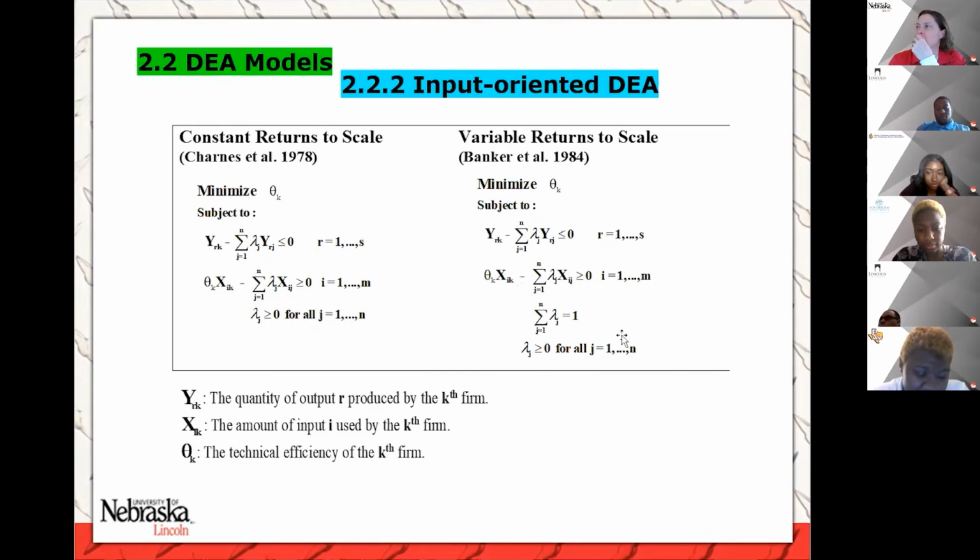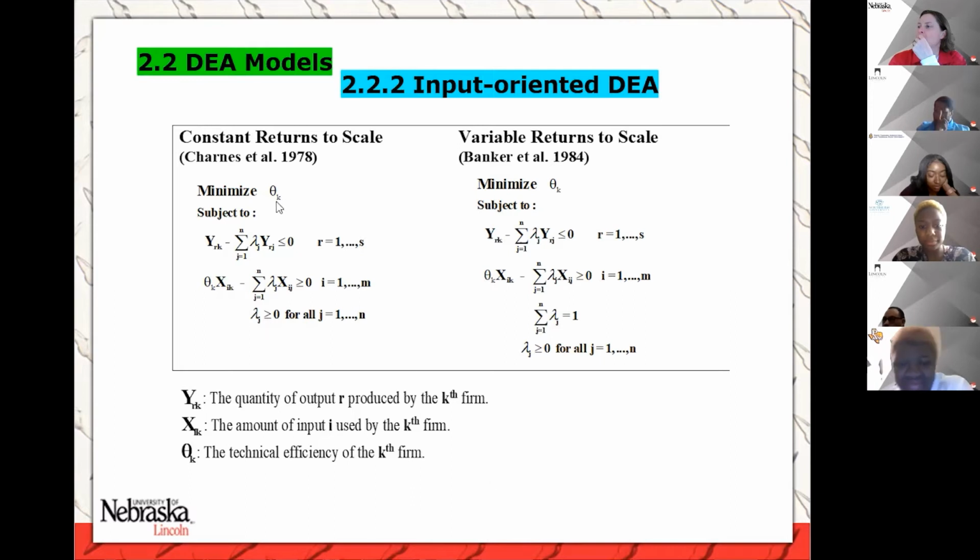Then the second one is called input-oriented DEA. Input-oriented means that the firm DEA minimizes input for a given level of output. Stated another way, it indicates how much a firm can reduce its level of input for a given level of output, okay?